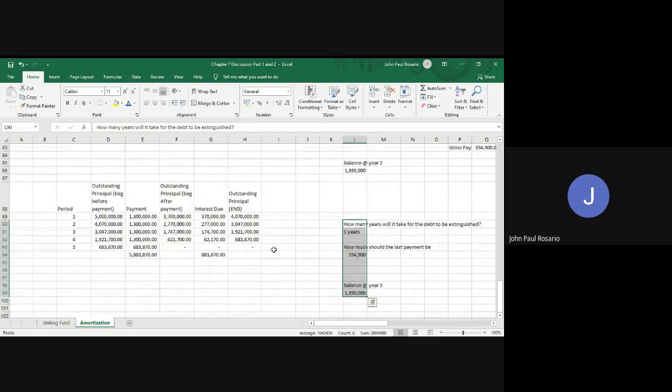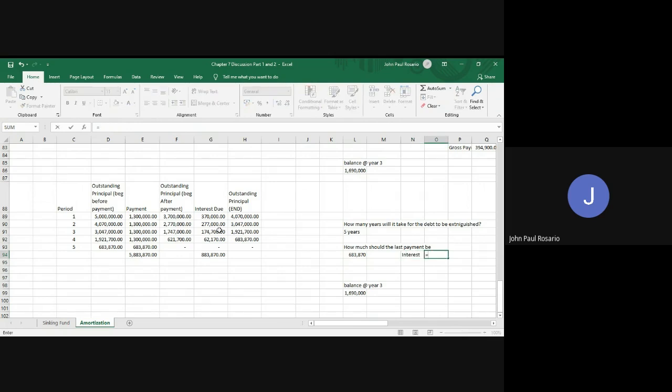So, 5 years, and then the last payment will be 683,870. Now, if you would ask me whether this is principal or interest, interest comes first. The interest for this one is the unpaid interest from last year, which is 62,170.